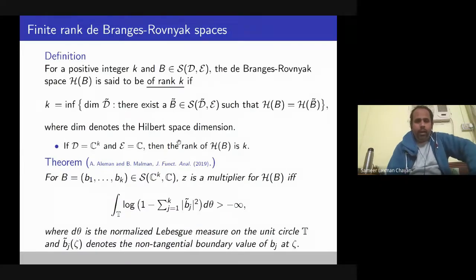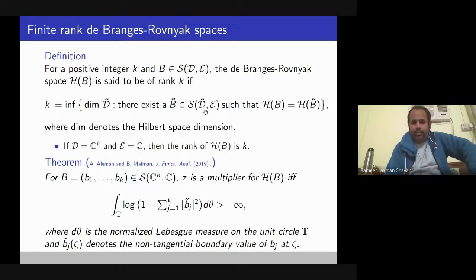Okay. So let me now explain finite rank de Branges spaces so that we can formulate the Cauchy dual subnormality problem in this setup. So here you can allow D and E to be Hilbert spaces. Only thing is that we impose some condition, namely we look at the infimum of the dimension of D tilde for which H(B) is H(B tilde).